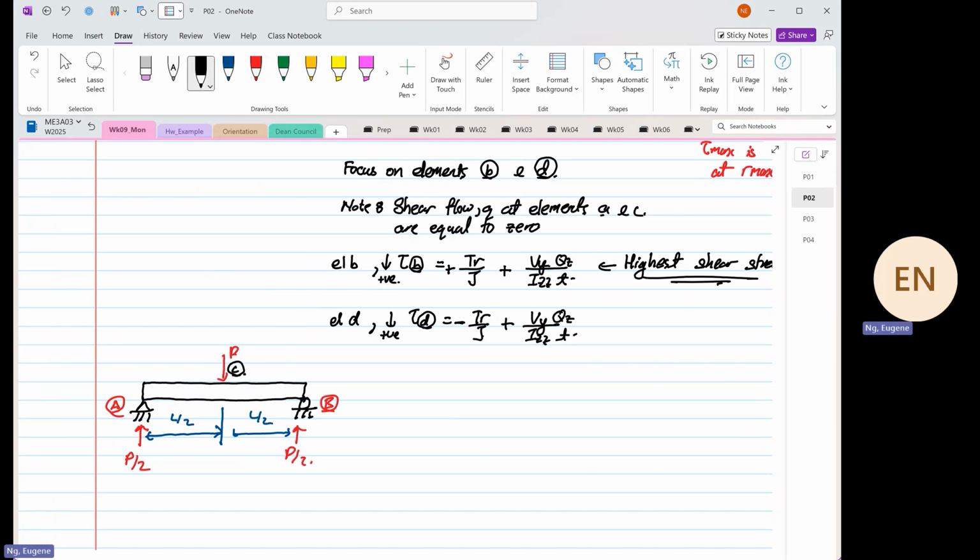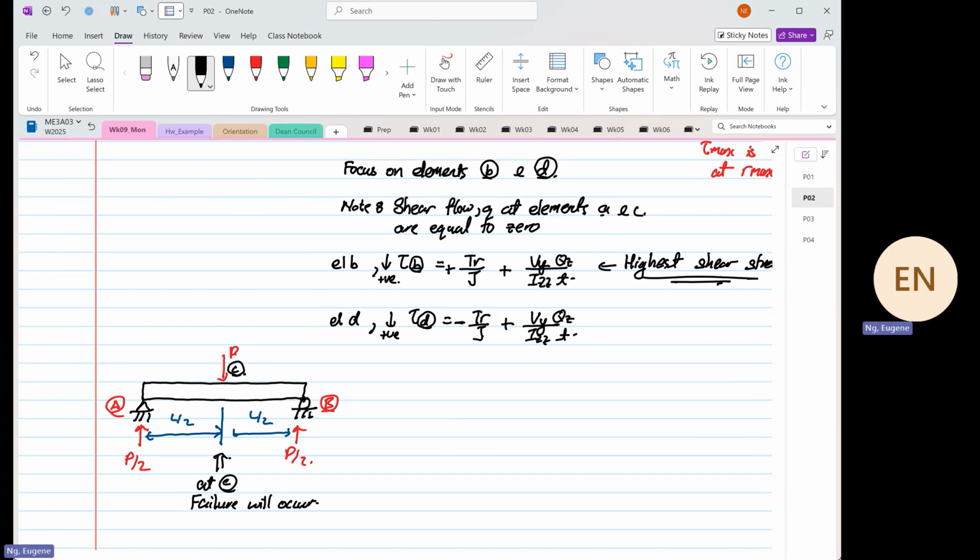At point C, where will failure occur? Anyone? Failure will occur at point C. And we know failure will occur at point C. Why?